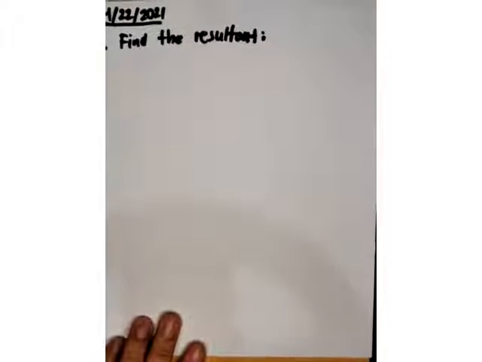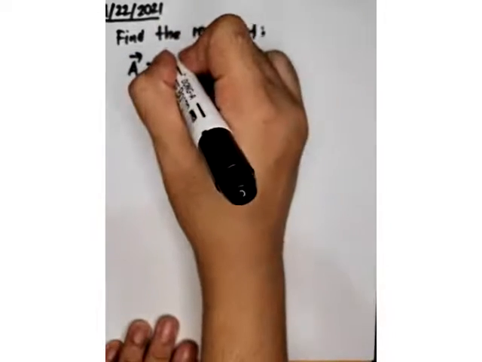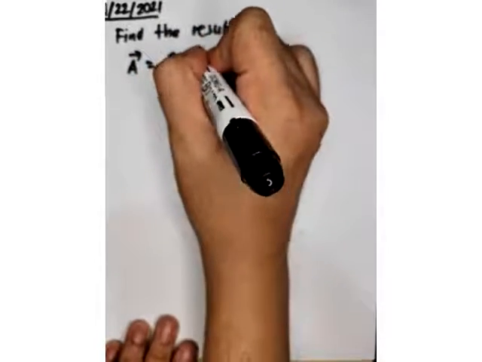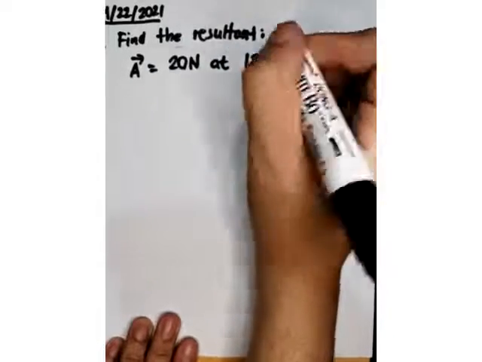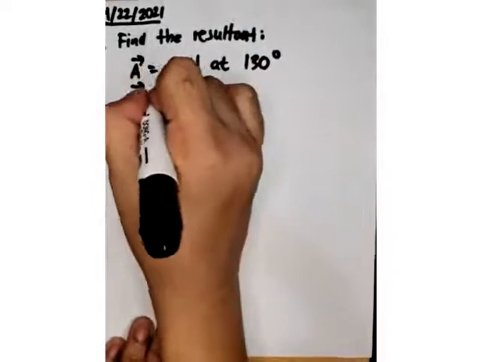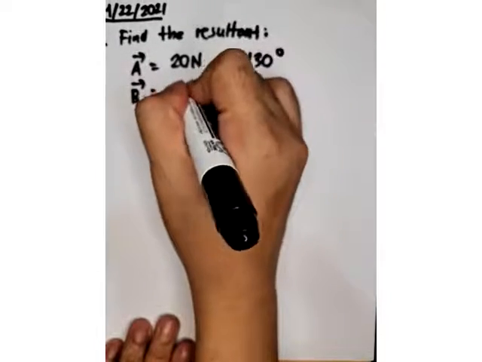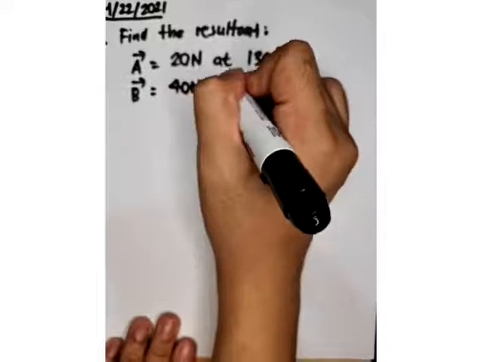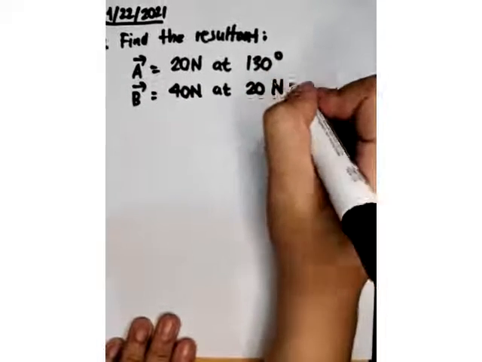Gagawin kong tatlo. Okay, find the resultant. Let's say that's vector A. Meron siyang 20 newtons at 130 degrees. And then vector B is at 40 newtons at 20 degrees north of west.